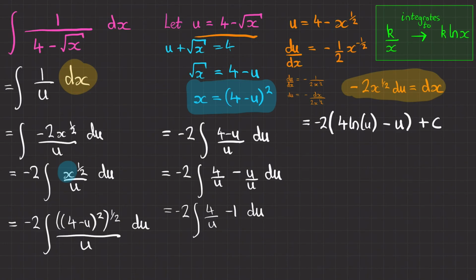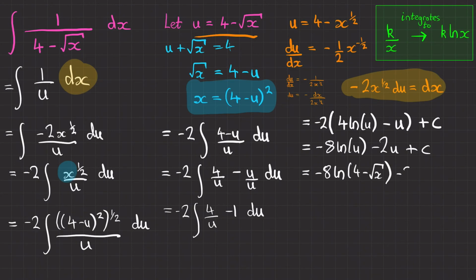I'm actually going to multiply this minus 2 through now, so it equals minus 8 ln u minus 2u plus c. We can now substitute back in our u value, so we'll have minus 8 ln (4 minus root x) minus 2 lots of (4 minus root x) plus c.